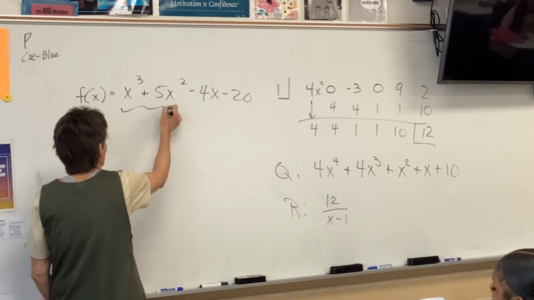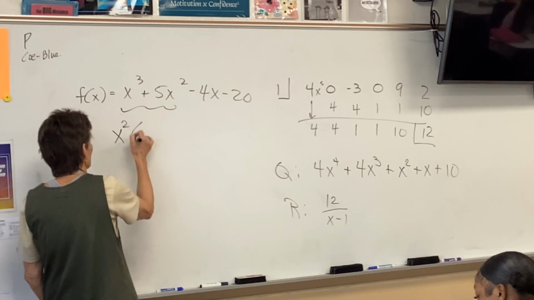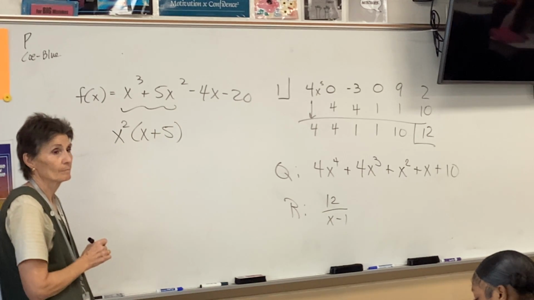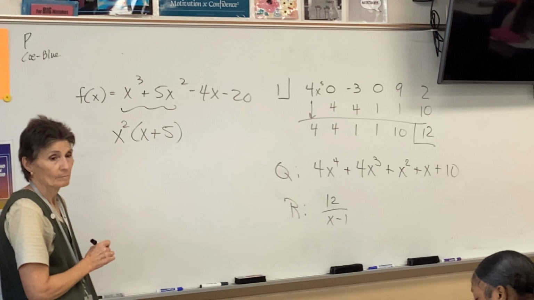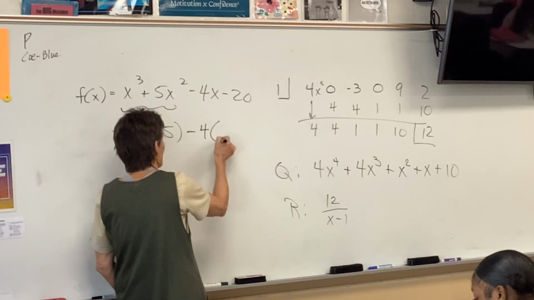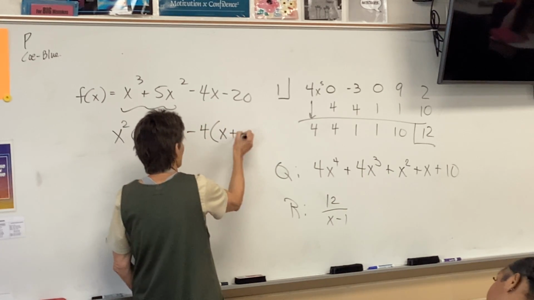The first 2 will be x squared times x plus 5. And then we'll pull out the minus 4, and that took out the negative, so that'll be x plus 5.